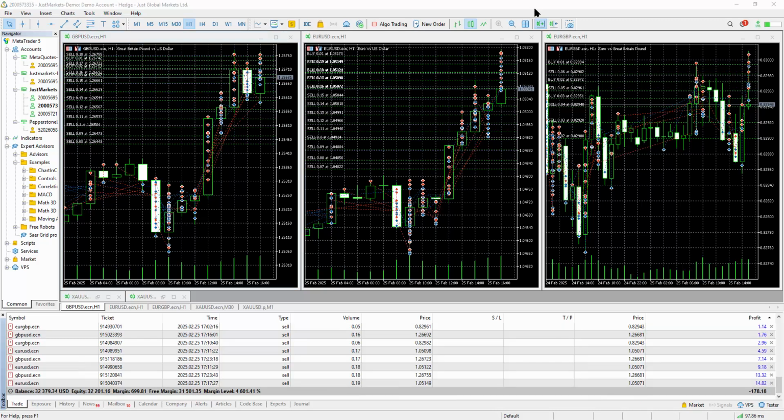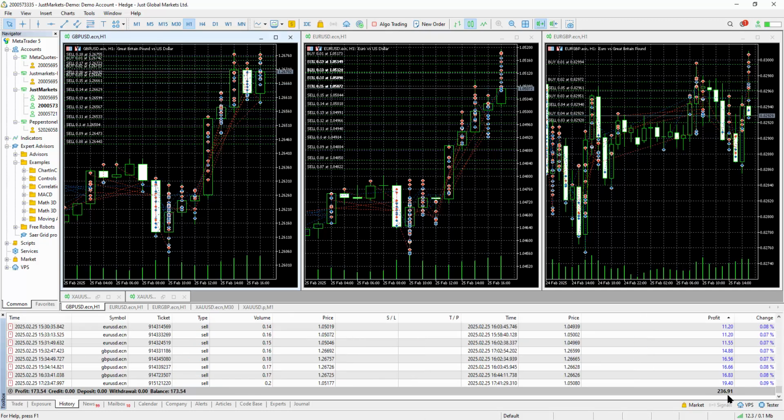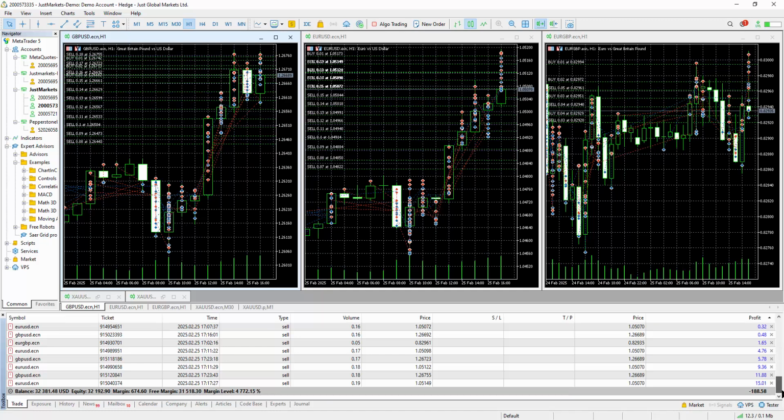If you look at currently running trades, this is the current running floating P&L. It goes into minus. As I said, with small vibrations and small retracements, it will start booking profits into this section, history. So you will monitor this, but at the same time you'll be monitoring P&Ls.